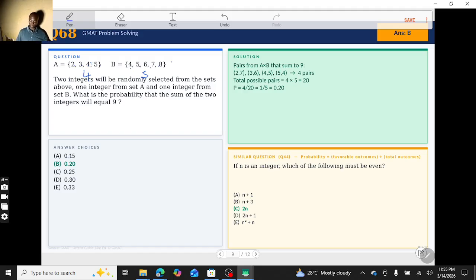That is the total number of ways. Remember that probability equals desired over total. So the total is 20. And how many of them can we add up to get 9? 2 and 7, 3 and 6, 4 and 5, then 5 and 4. That is 4 of them.